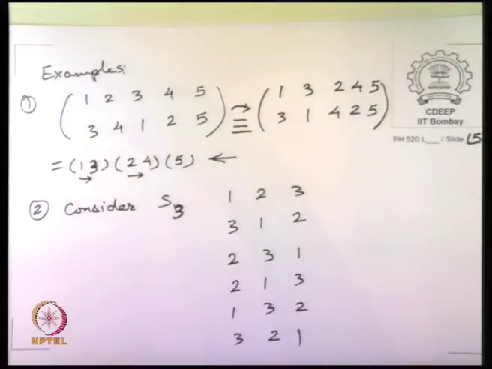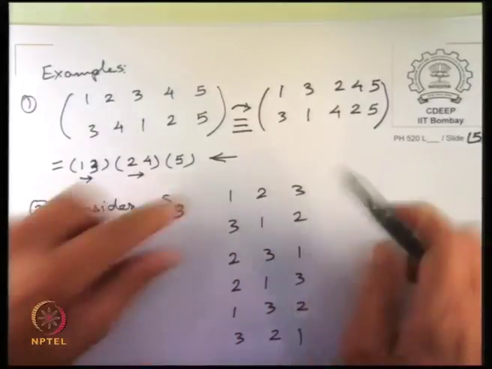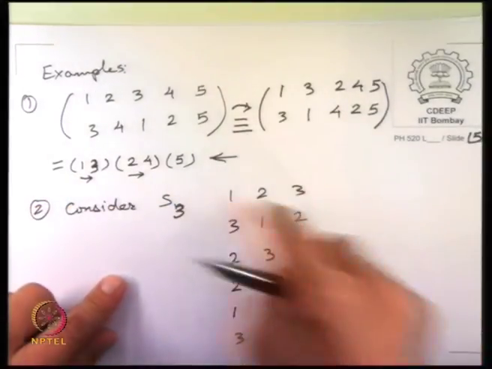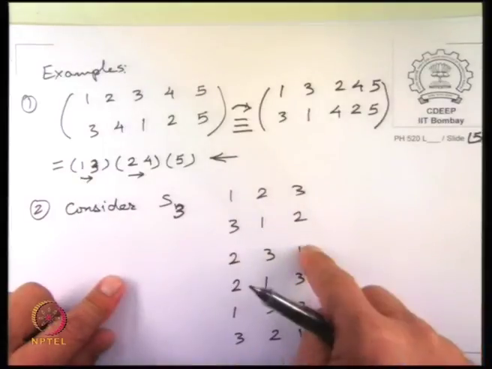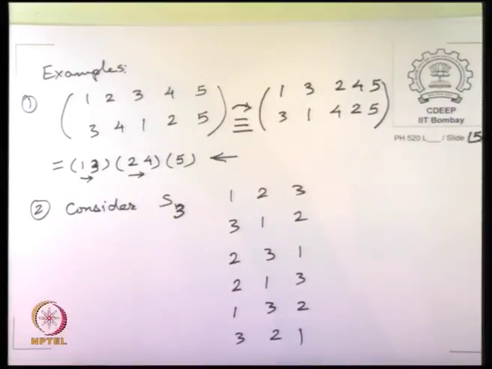So if I have 3, I have 3 factorial elements in S3. There are 6 of them, and ideally I could write out this as one permutation. Then I could take this same starting and write this as the second row and so on. So these are all the 6 possible permutations. These are the representations of the objects, not the representation of the permutation.